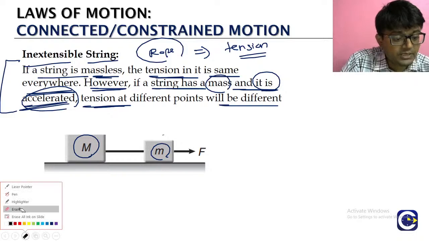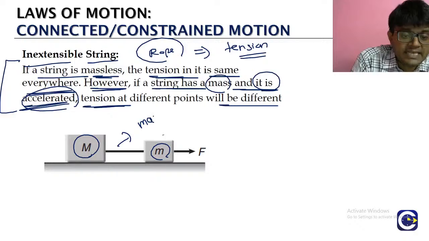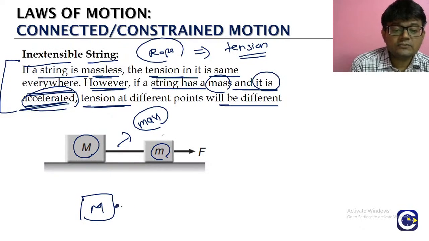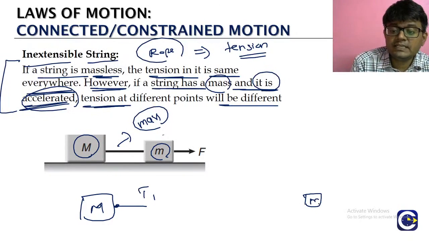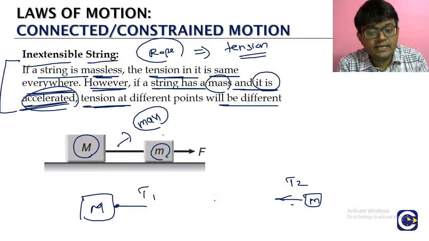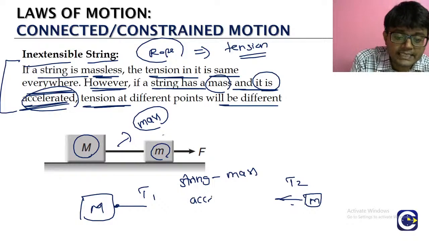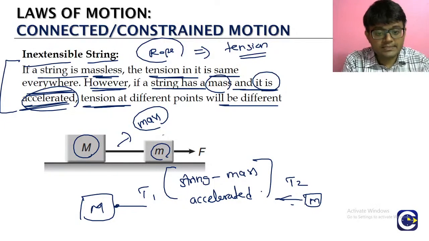In the same example, if they tell us that the rope has a mass, then when we represent the tension force acting on capital M, we take a value, say T1. When we represent the tension force acting on small m, we take a different value, T2. We'll see the proof for this when we go to the applications of Newton's law.